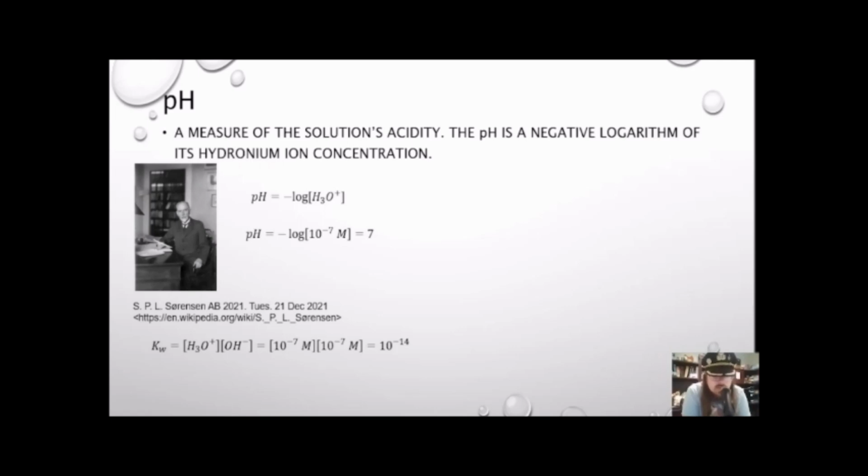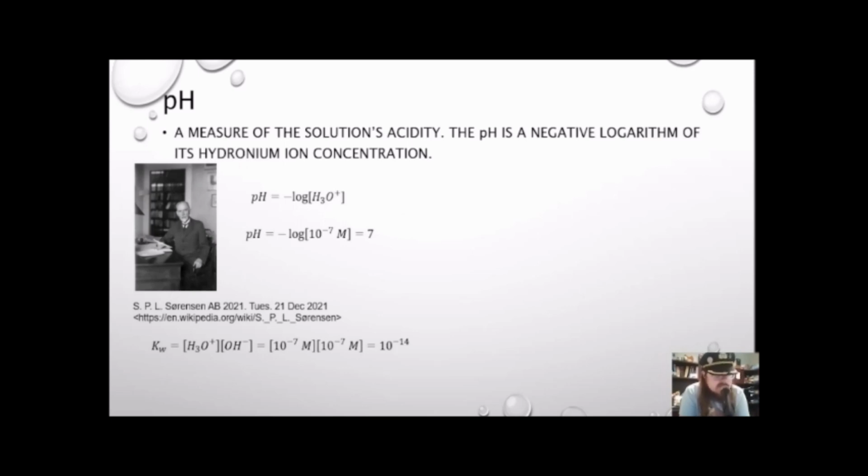And so we can look at the pH scale running between 0 and 14, where 7 is smack dab in the middle, neutral, meaning that as acid increases, base will have to decrease. And as acid decreases, base will have to increase.